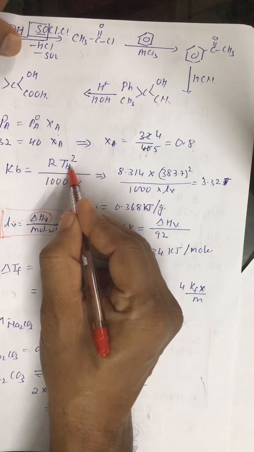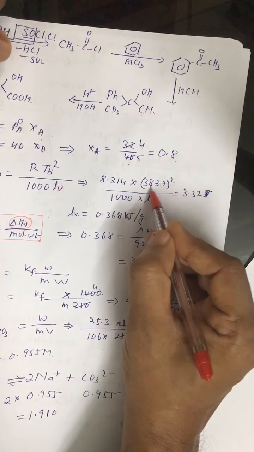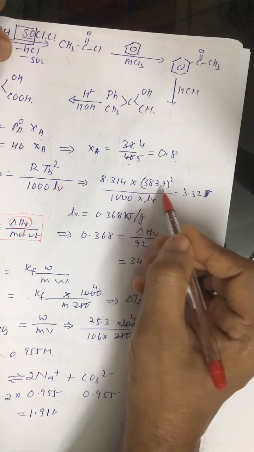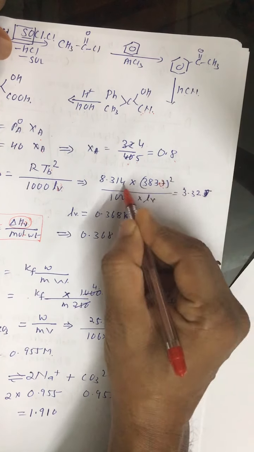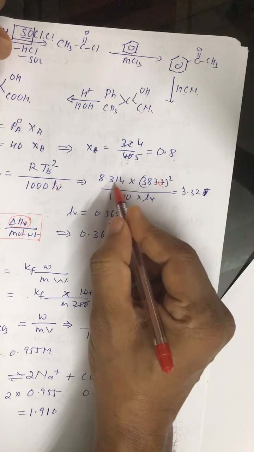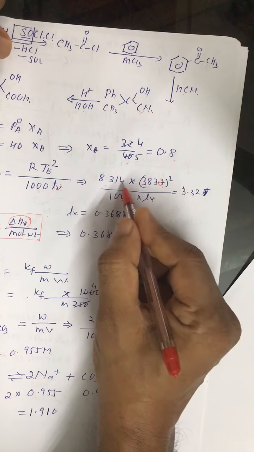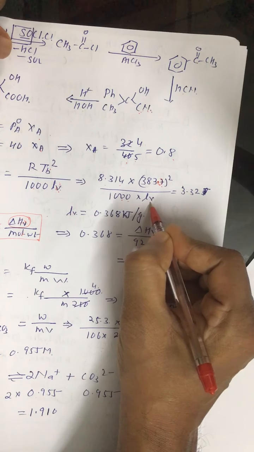R is the gas constant, Tb is the boiling point of the liquid, toluene boiling point is given. It was given in degrees Celsius, it is converted to Kelvin. So Tb squared, and R you can use 100 by 12 in calculation. 1000 is already there. Lv is latent heat of vaporization.